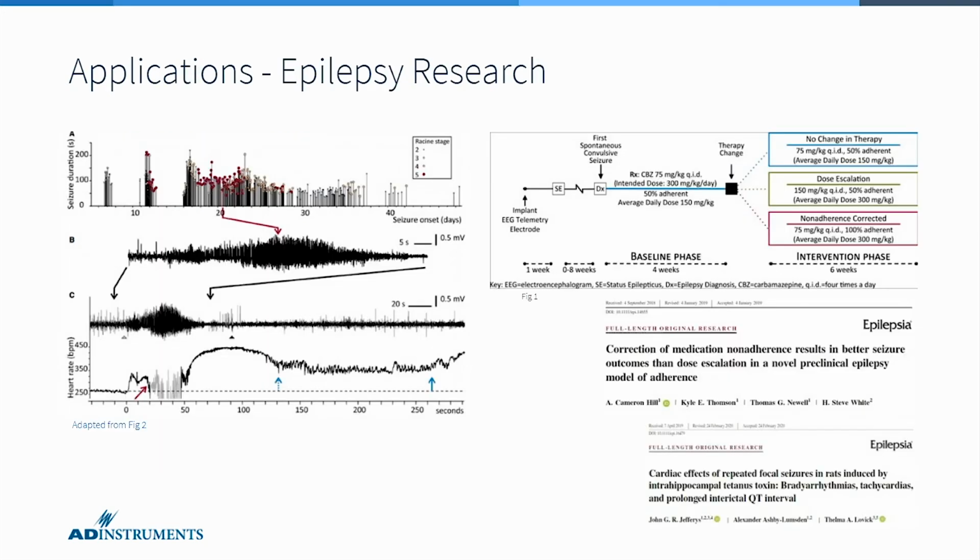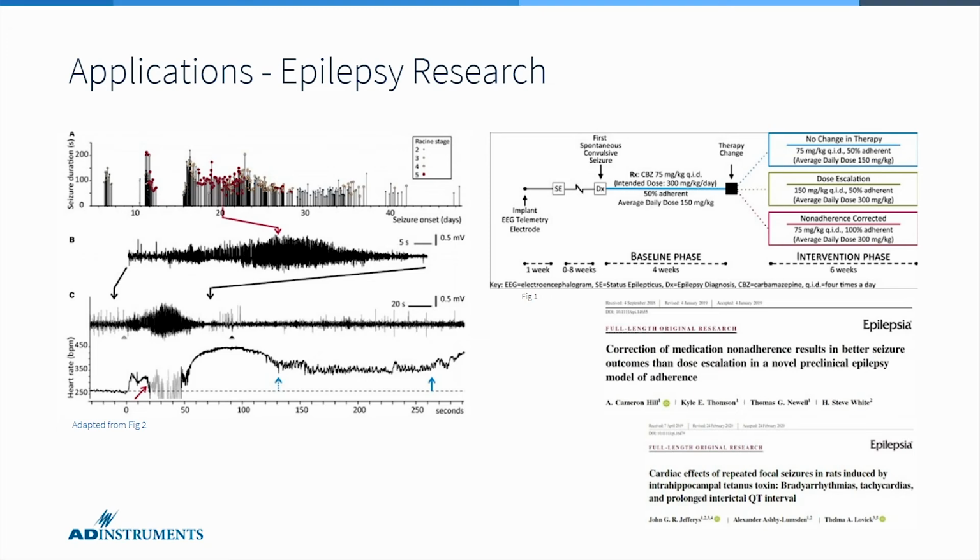A couple of examples of the biopotential telemeters in action for neuroscience studies come from these epilepsy papers. One from Professor John Jefferys from the University of Oxford in the UK, where he was using a dual biopotential telemeter to detect seizure activity via an EEG waveform, and also ECG to look at the effects on heart rate during and after the seizure.